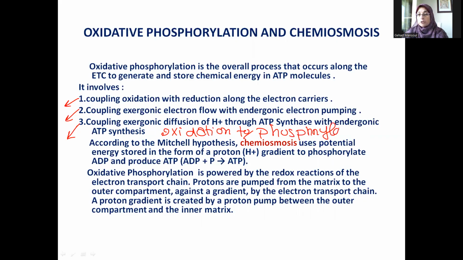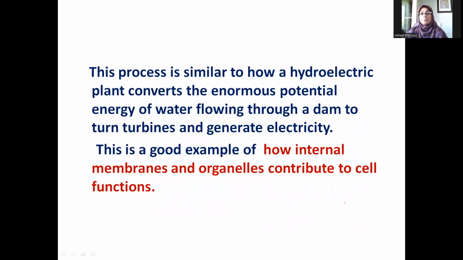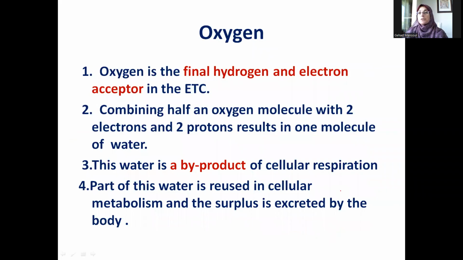And we talked about the concentration gradient, the proton gradient. Proton gradient is an important term that you will be using frequently, okay? Of course, this is an example of how internal membranes are important for the cell. We talked about oxygen and how oxygen is a final product.